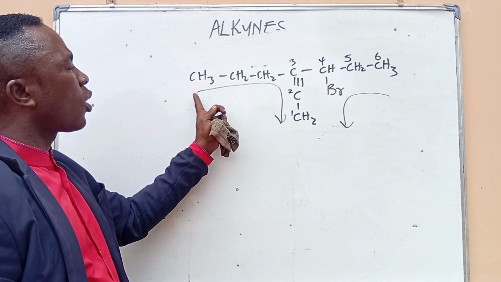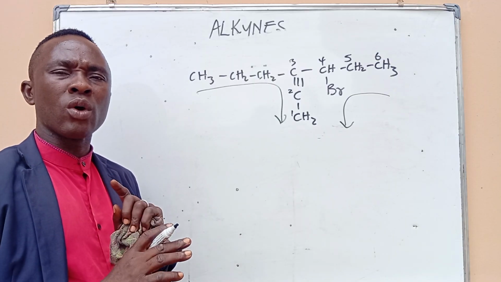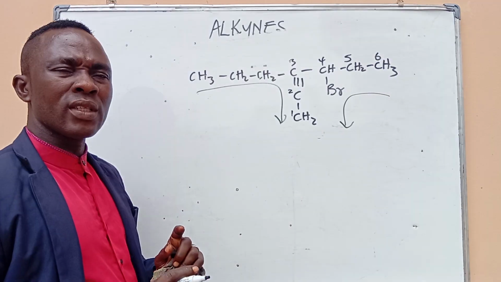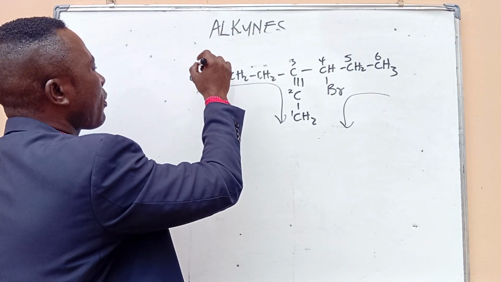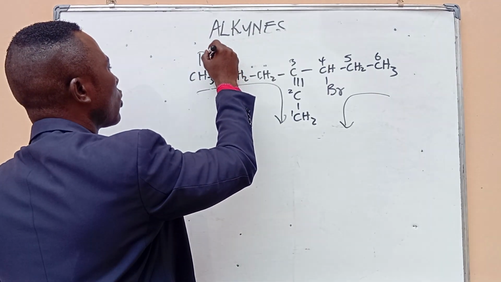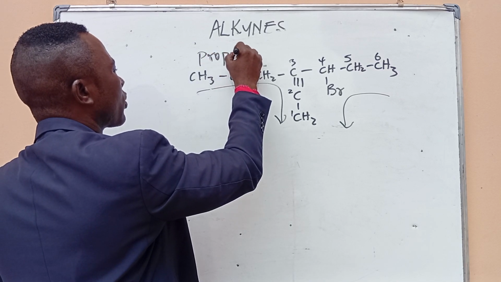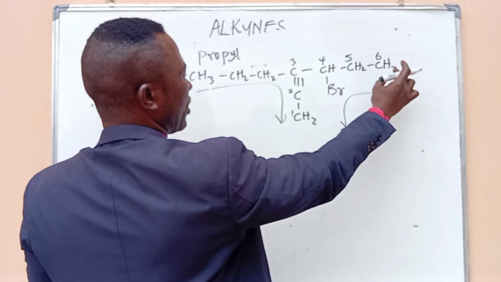And because we didn't number these carbon atoms, these 1, 2, 3 carbon atoms are a substituent. They are 3 carbon atoms. A 3 carbon atom alkyl substituent is propyl. So this is a propyl. So I decided to number this way.